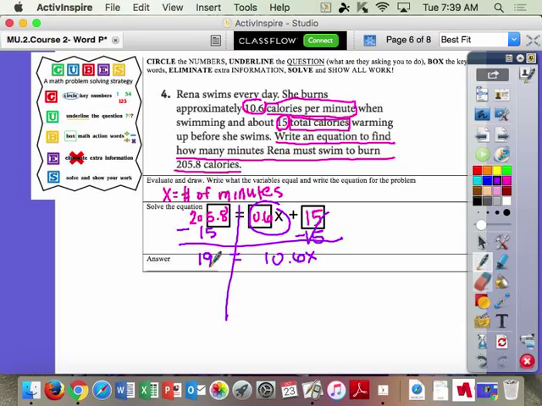All right. And then I want to get this x alone, so I need to divide both sides by 10 6/10. X equals 18. So that is 18 what? 18 minutes.